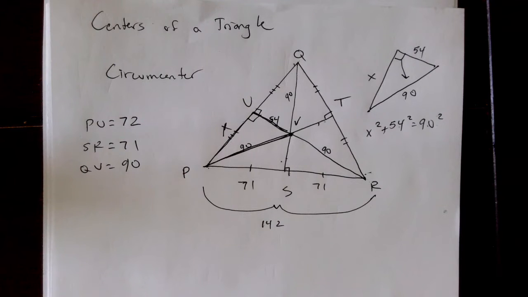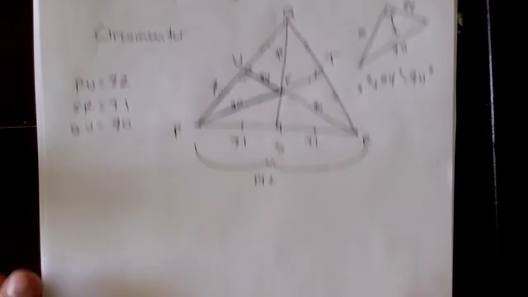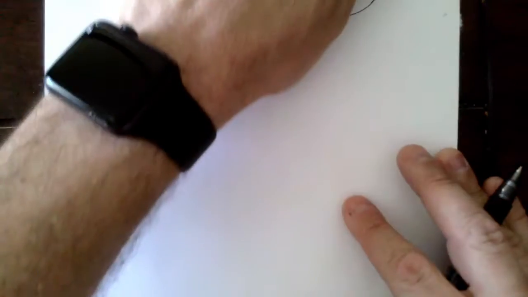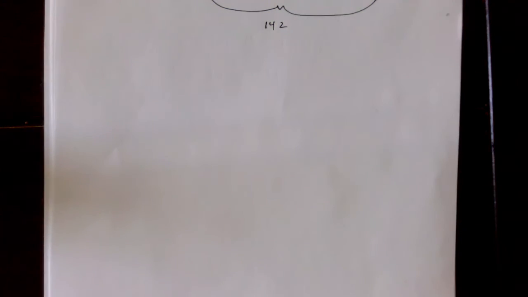Okay, so that's what you're going to do. We're going to do one more of these. Let me get up here to a part of the page where we can actually get it. And let's do one more.